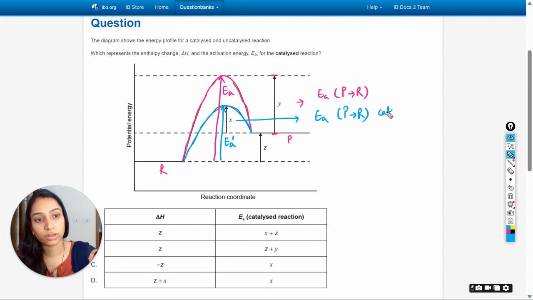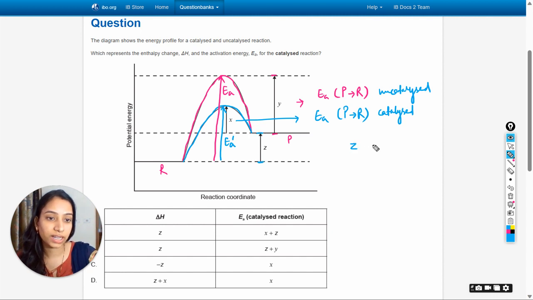So this is for the catalyzed reaction and this is for uncatalyzed reaction, right? And this Z arrow, from the reactants to the products, shows the enthalpy change of the reaction from the R to P.